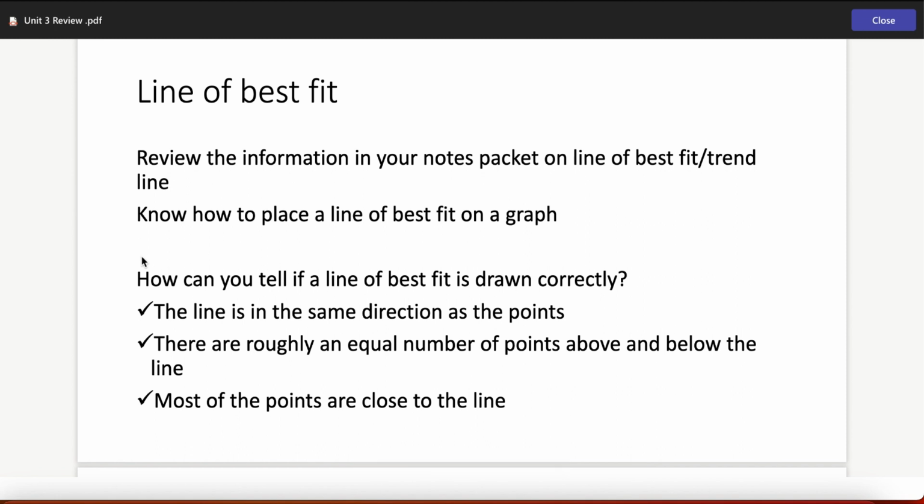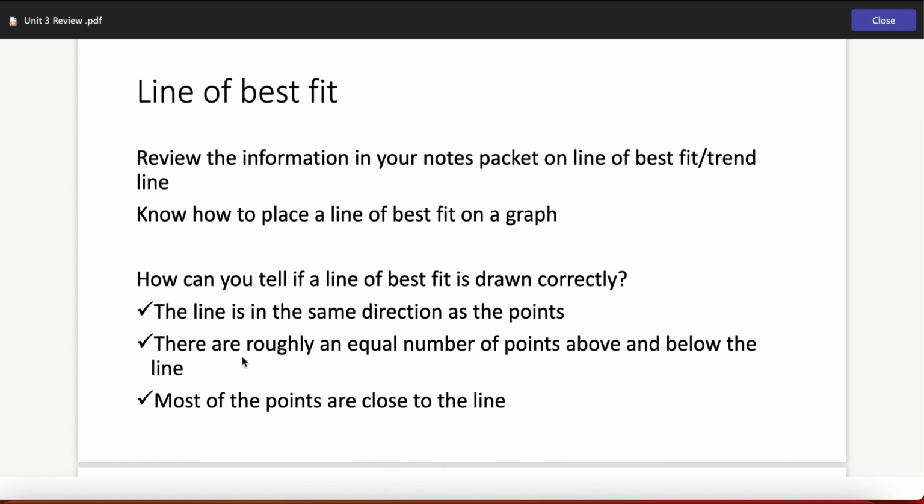So how can you tell if a line of best fit is drawn correctly? The line is in the same direction as the points. There are roughly an equal number of points above and below the line.